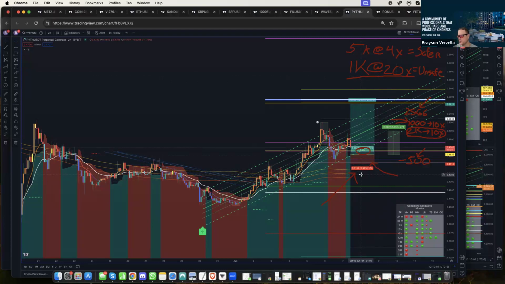So 2.42 times 10 is 24, so times 20 is 50%, right? About. So that's why the person playing the game of 1,000 at 20x stands to lose 500, half of their money, relatively quickly.